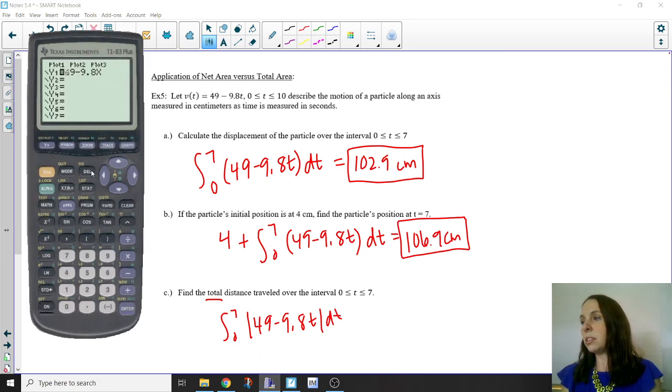So I'm going to insert absolute values around our function. It reflects for us, and we can do a Calc 7 again.